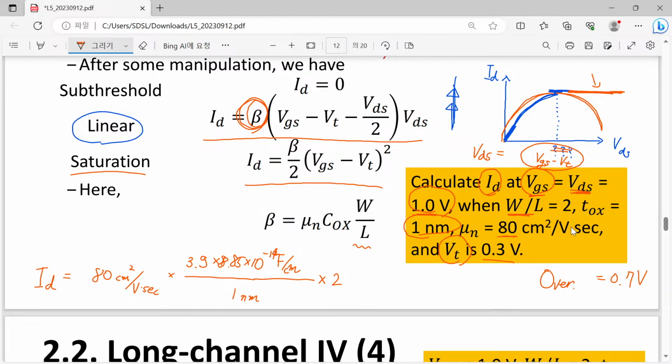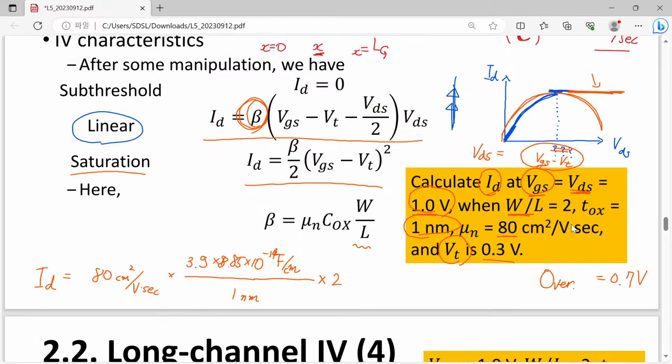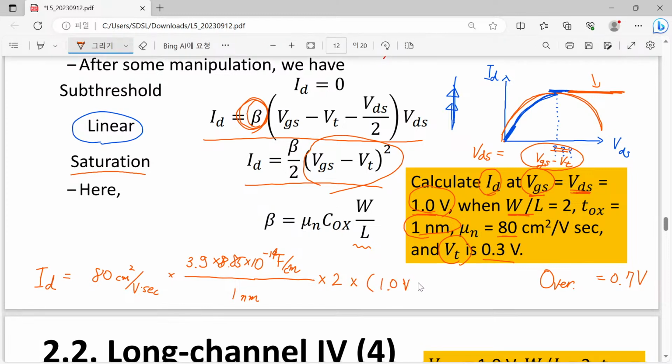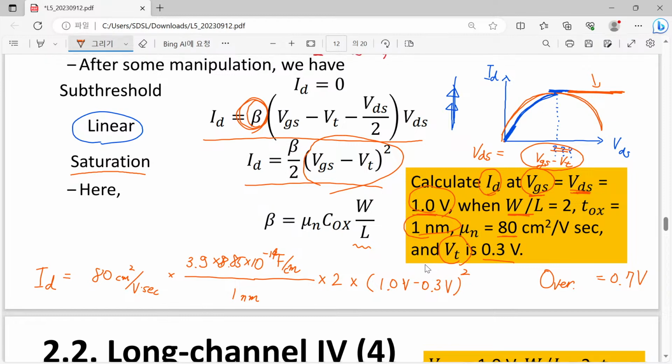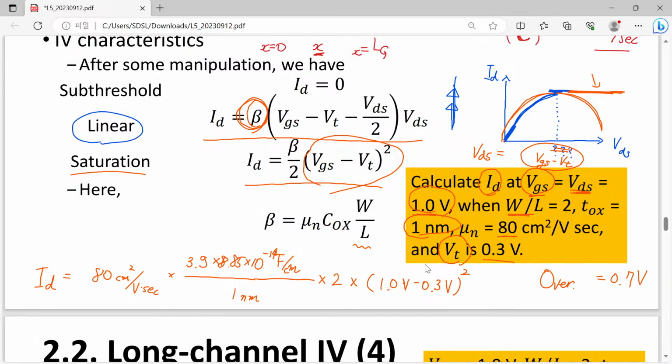Drain voltage is larger, so now our transistor is in its saturation mode. Then we have to apply the expression for saturation mode. Simply speaking, 1.0 volt minus 0.3 volt and its square. That is used for our ID calculation. Are you all with me?